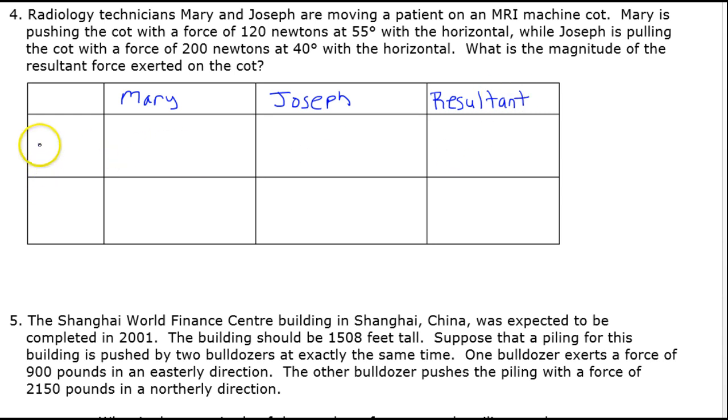Now, in the first row, we're just going to record the magnitude and the direction. When I write R and theta, I'm talking about the magnitude and the direction. And in the second row, we're going to convert to component form, X and Y.